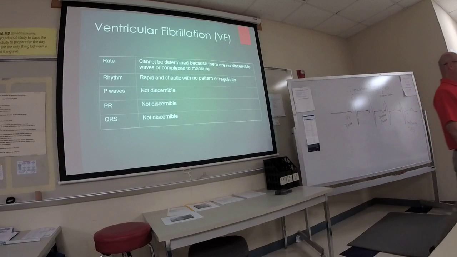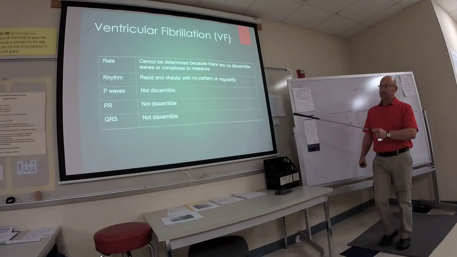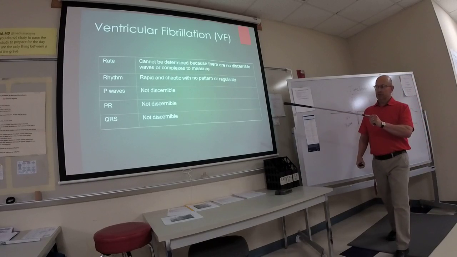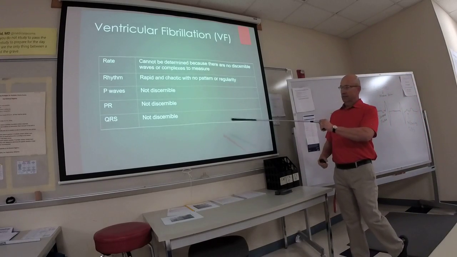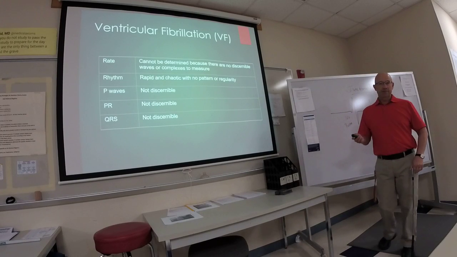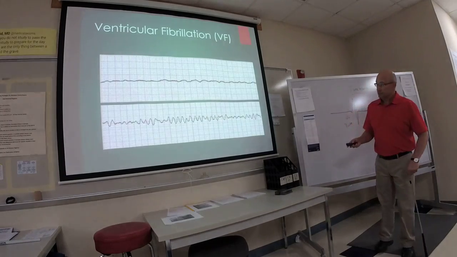And then something you should be very familiar with is V-fib, correct? Ventricular fibrillation is the most common rhythm in cardiac arrest, sudden cardiac arrest, okay? There's no discernible P waves, no discernible PRI, no discernible QRS complex. It's considered a chaotic rhythm.